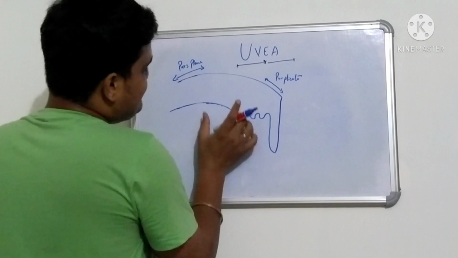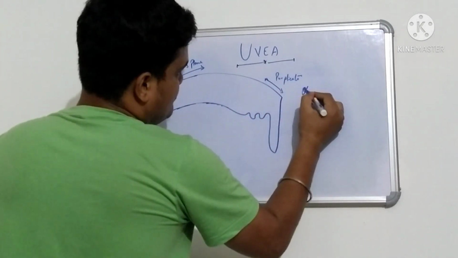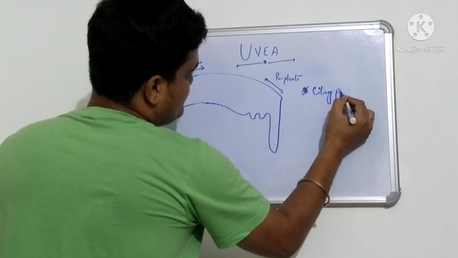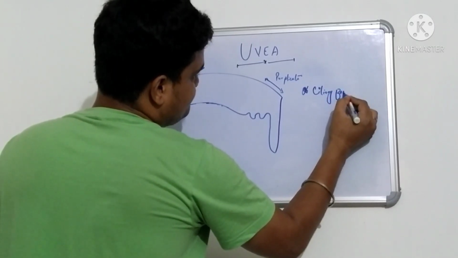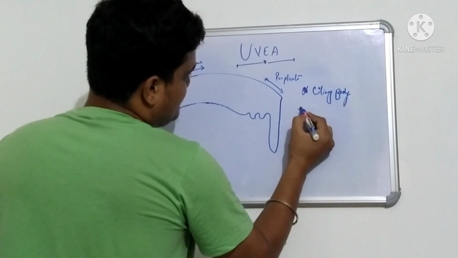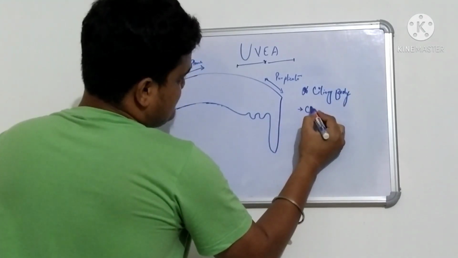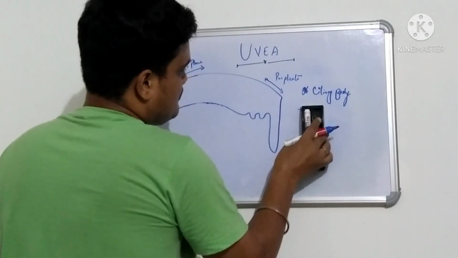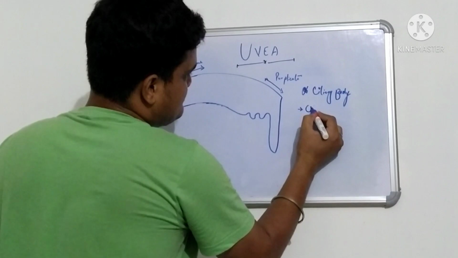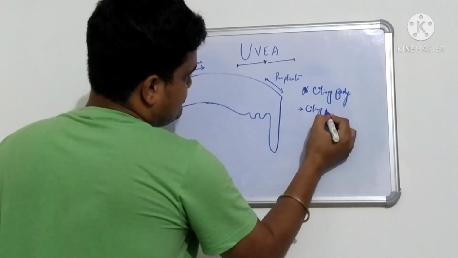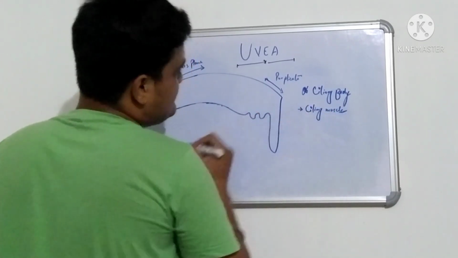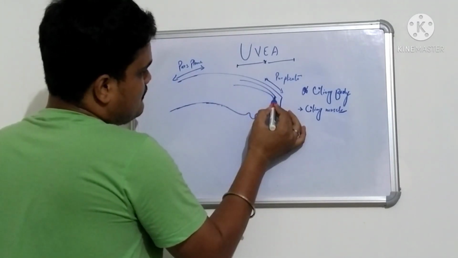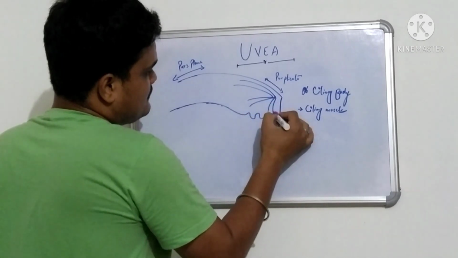The ciliary body also has different parts or further classification. What are they? First one, ciliary muscles. There are three types of muscles: longitudinal, radial and circular.